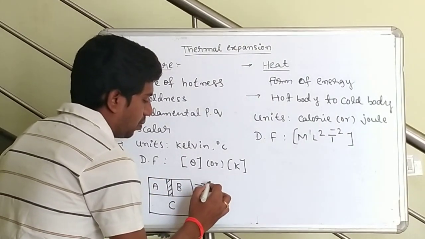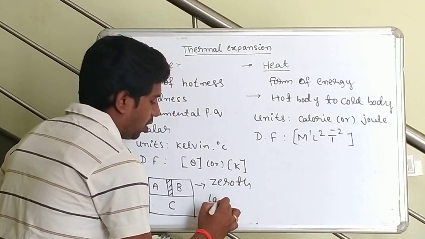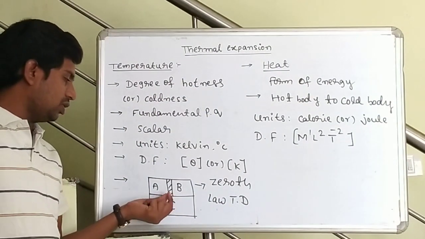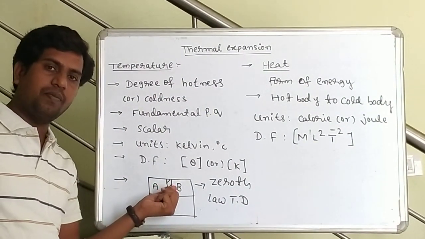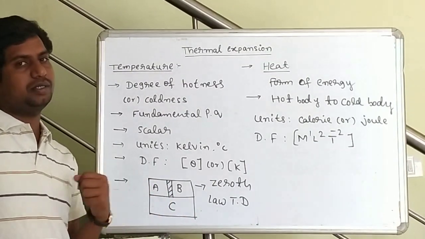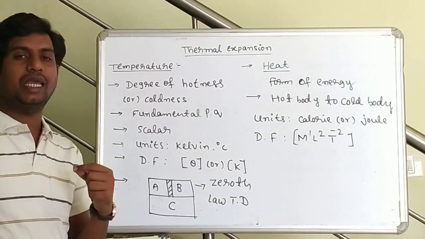What does the zeroth law of thermodynamics say? The zeroth law of thermodynamics says that when two systems A and B are each in thermal equilibrium with a third system, then these two are also in equilibrium.